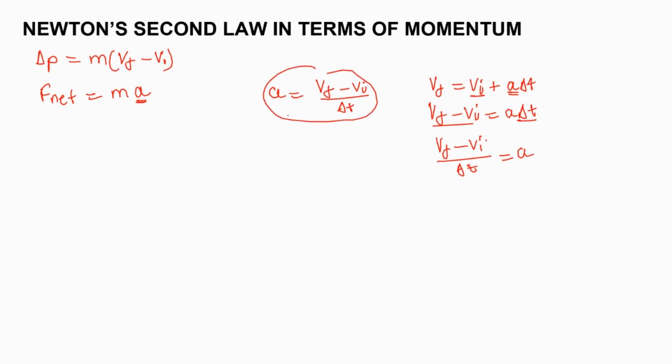So what we do is replace this a in Newton's second law formula with final velocity minus initial velocity divided by change in time.